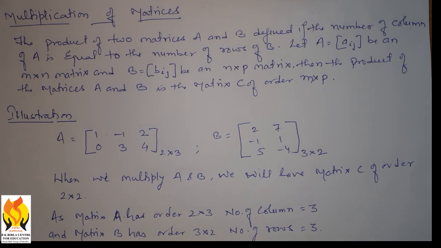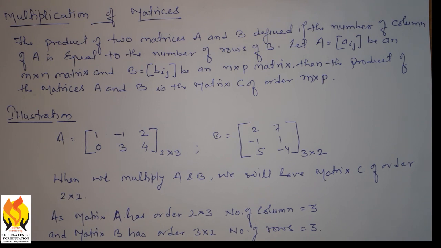You can see easily, matrix A has an order m cross n and matrix B has an order n cross p. The number of columns of matrix A is equal to the number of rows in matrix B. Then only the product or multiplication is defined, and we'll have the resultant matrix C with an order m cross p.